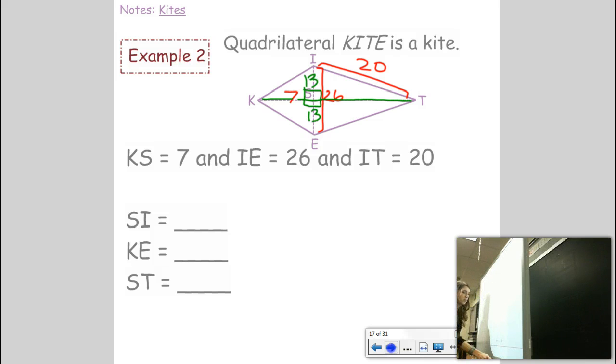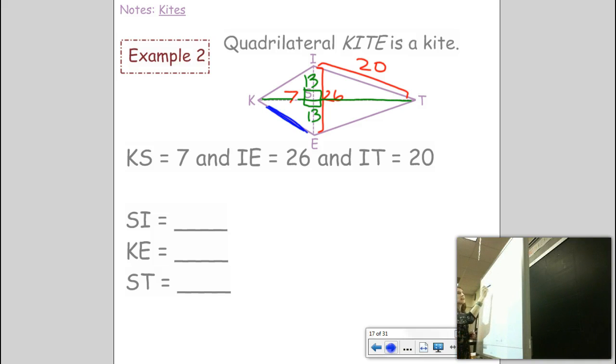And then you just have to do the Pythagorean theorem 2 times. 2 different Pythagorean theorems. Kaylee, what are you going to do to get KE? How are you going to find this one?